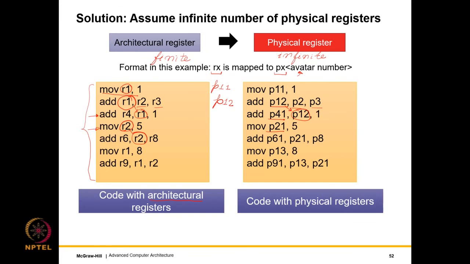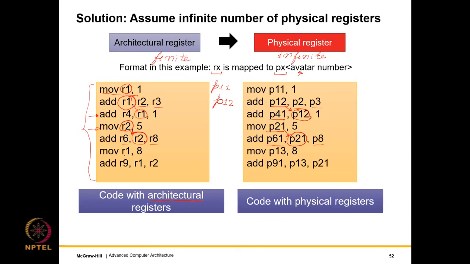So the use will of course use the current avatar, and for R2, it will use the physical register P21 because P21 has the current value. R8 is mapped to P8, R6 is mapped to P61. All right. So that is the first avatar, because we have not written to R6 before.